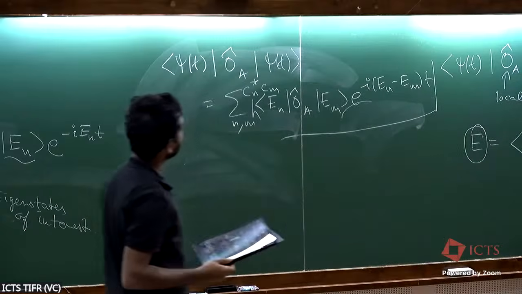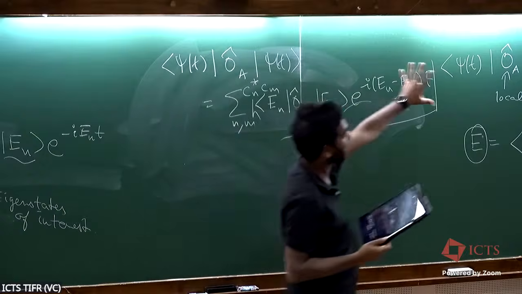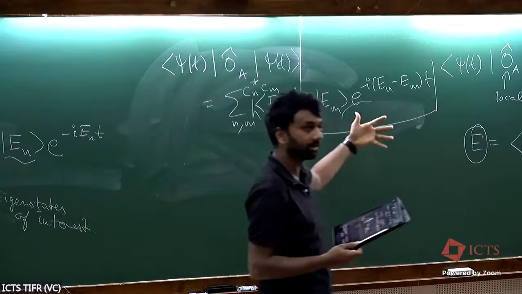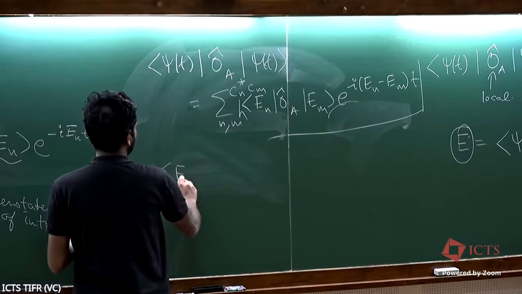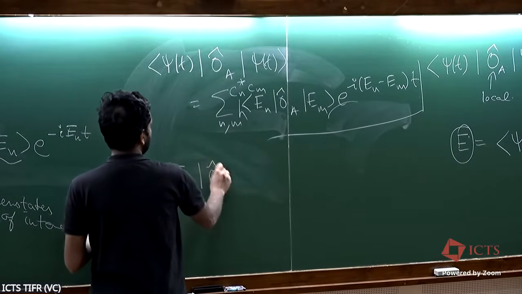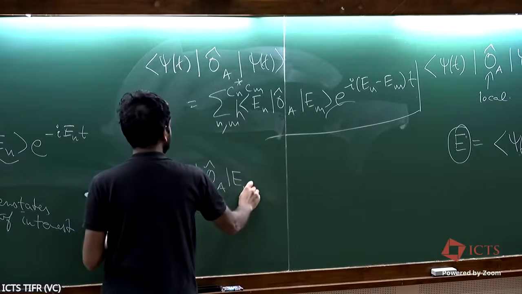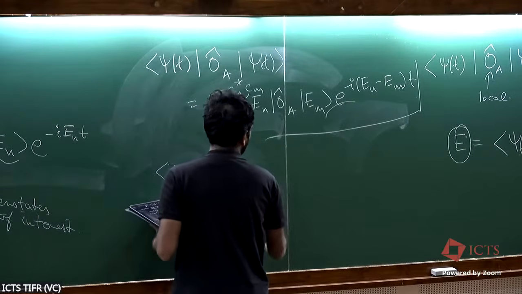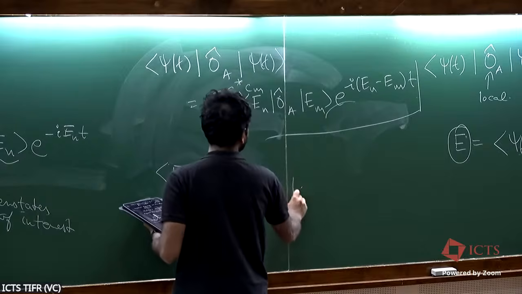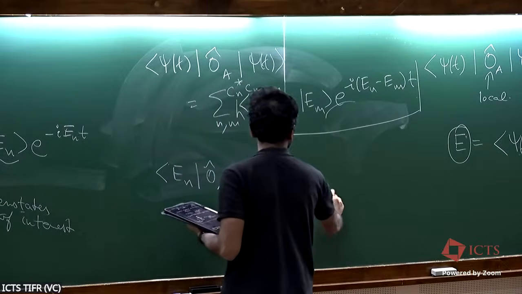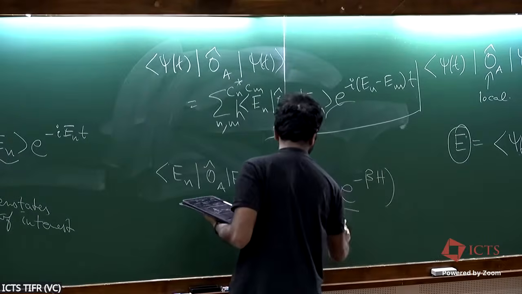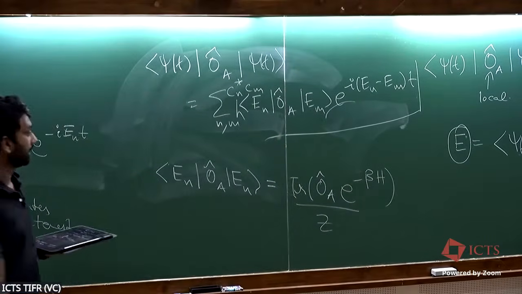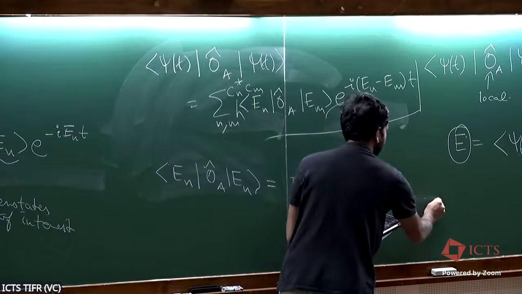So one simple way these two expressions can be compatible is if the expectation values of the local operator in the eigenstates themselves are somehow the expectation values in the Gibbs state. Plus fluctuations, of course.